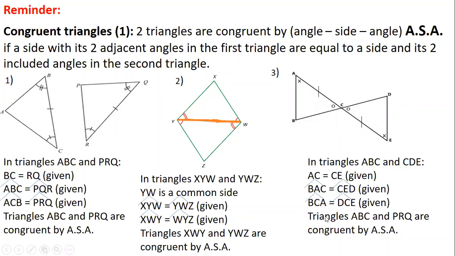The ending sentence. Yes, miss. Triangles ABC and PRQ are congruent by ASA. So guys, I stressed on this today because this is very important.